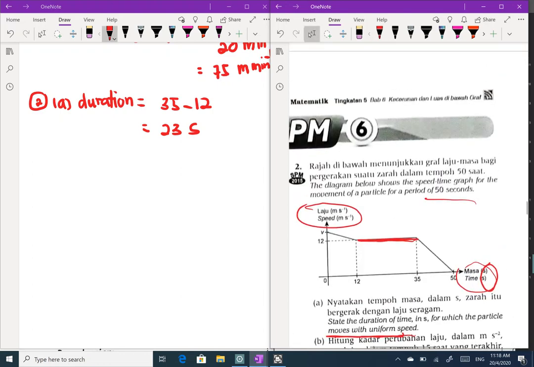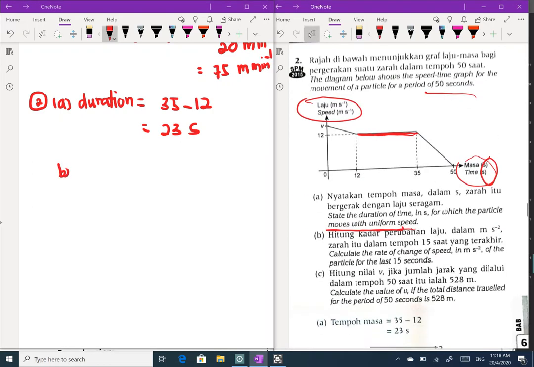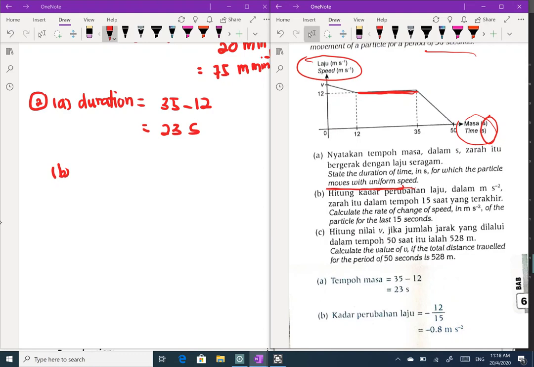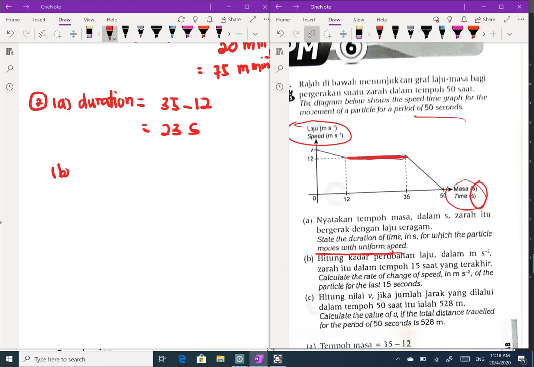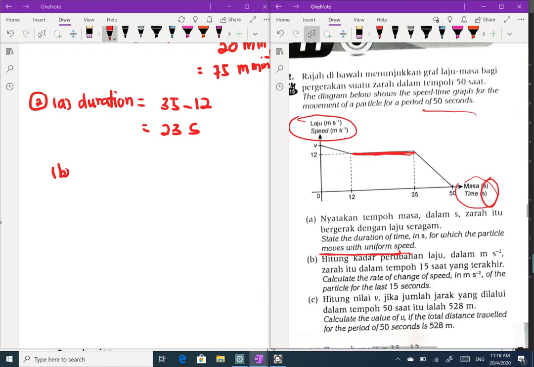Okay, B. Calculate the rate of change of speed in meters per second of the particle for the last 15 seconds. So 50 minus 35, so this is the last 15 seconds. I want to know the rate of change of speed.